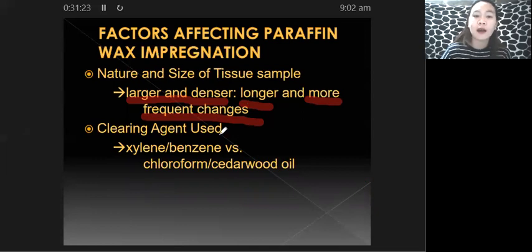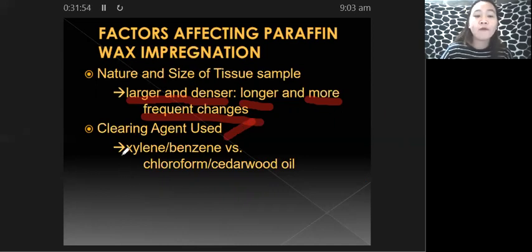Okay, so another factor which will also affect paraffin wax impregnation is, of course, the clearing agent that was used. I already explained this in the previous video on clearing. Remember, certain clearing agents are easier to be replaced by the paraffin, and some are more difficult to be replaced by your paraffin wax.